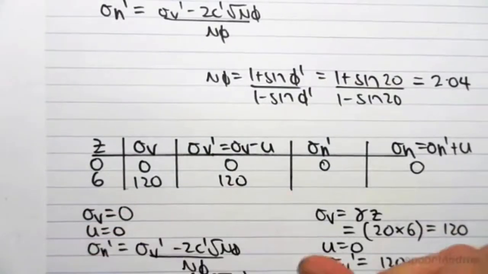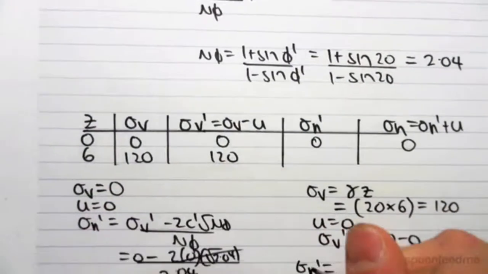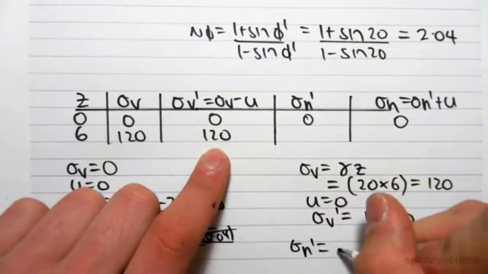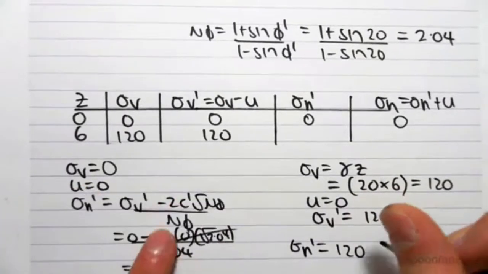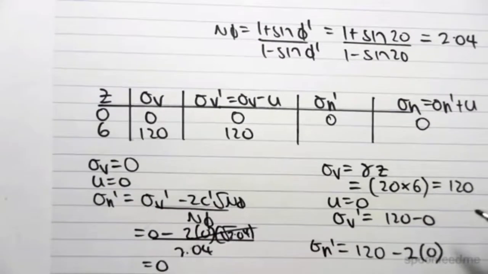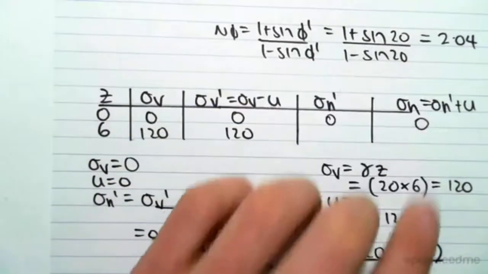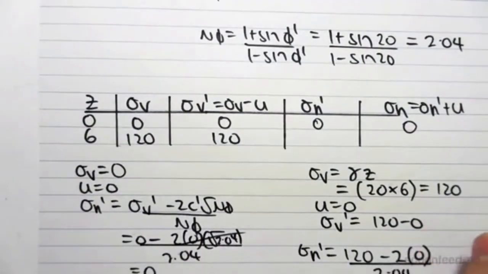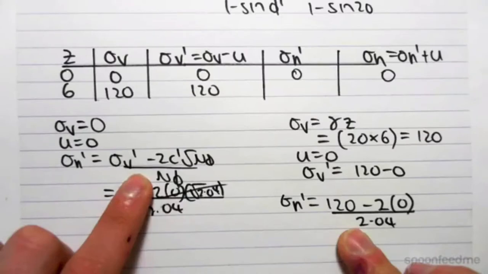We could then find our horizontal stress. So sigma H dash equals sigma V dash, which is 120, minus 2, we know that C dash is 0, and we have N phi, which is 2.04, so on 2.04, so that's just using that equation there.